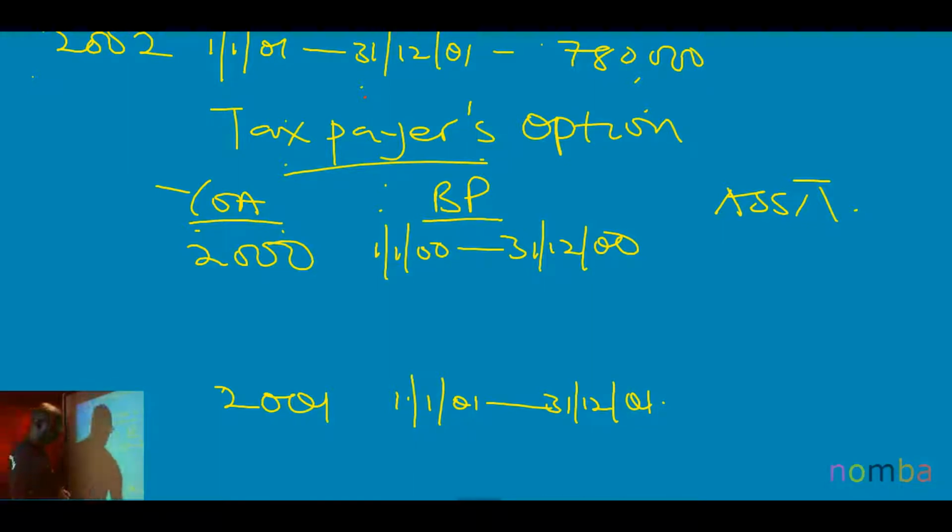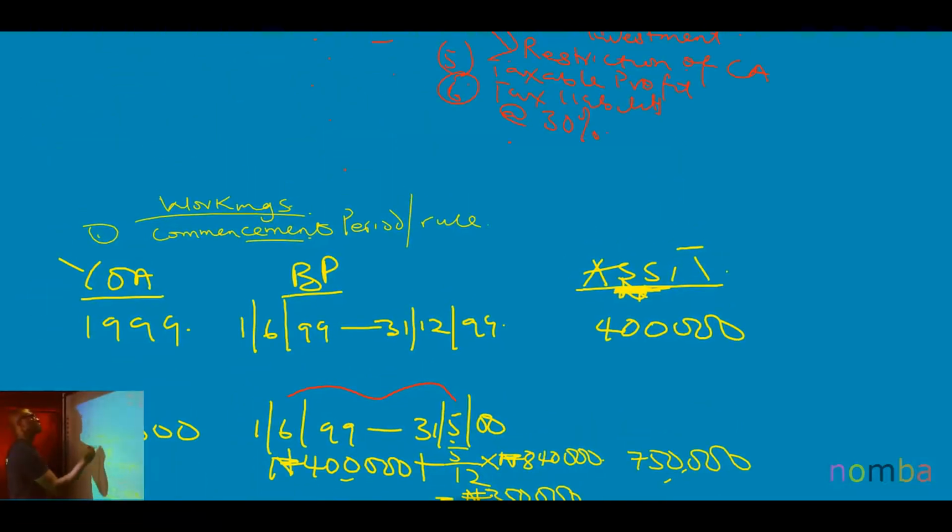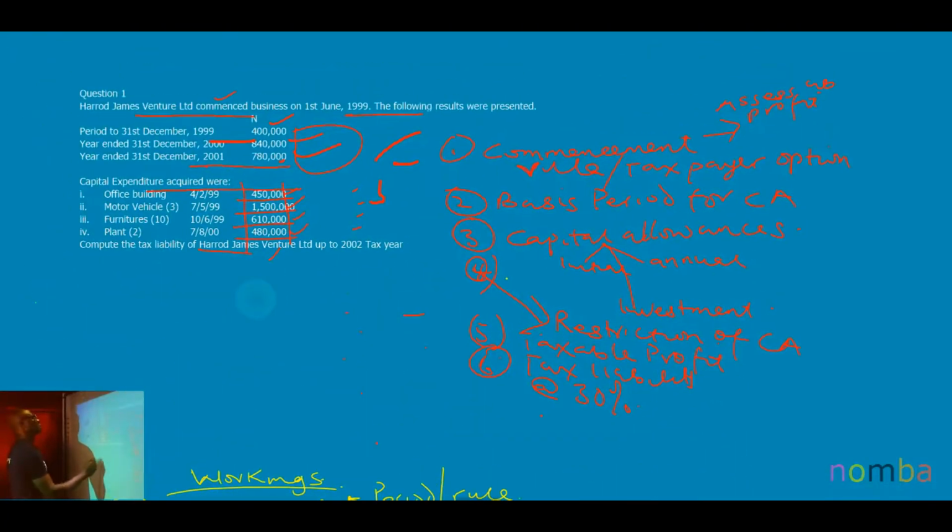Now let's get out the assessable profit. I'm trying to see where this fits in from 1st January 2000 to 31st December 2000. Let's look at this question. Here I have 31st December 2000 and that gives me 840,000 naira.